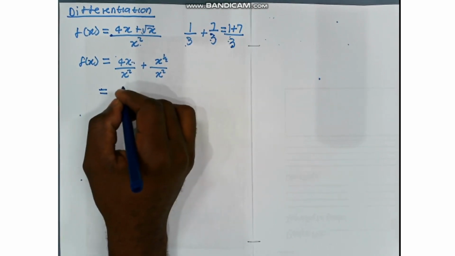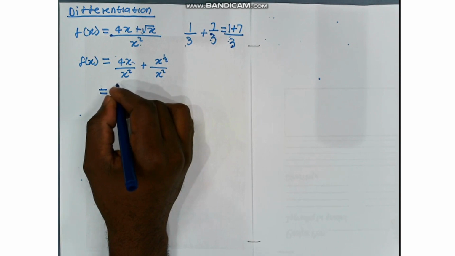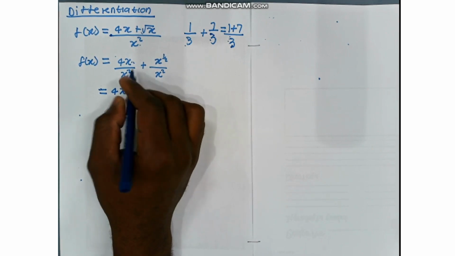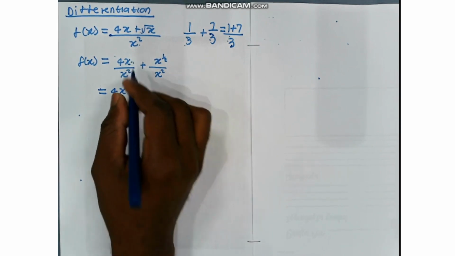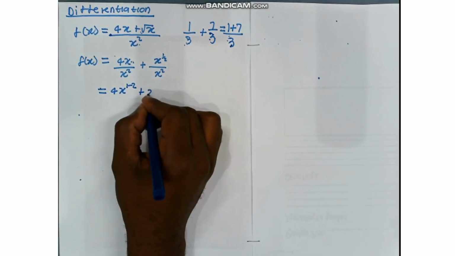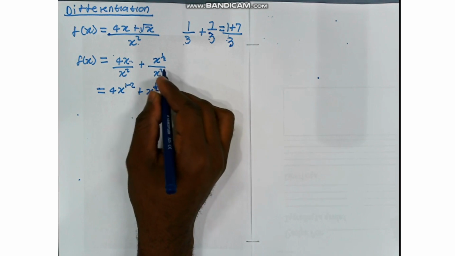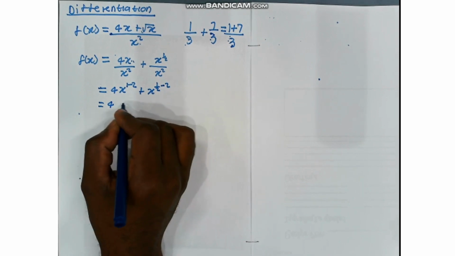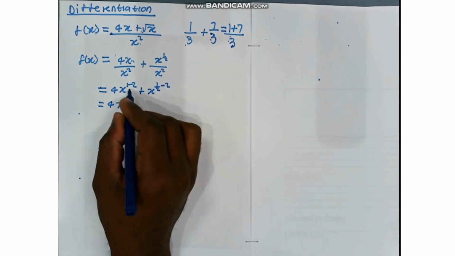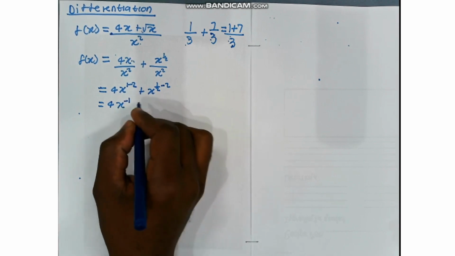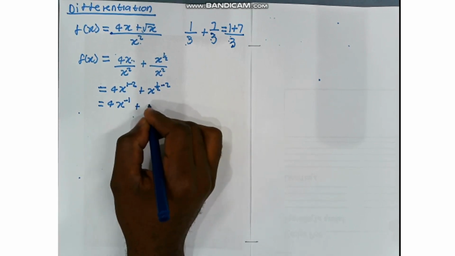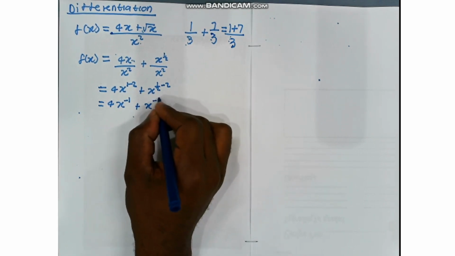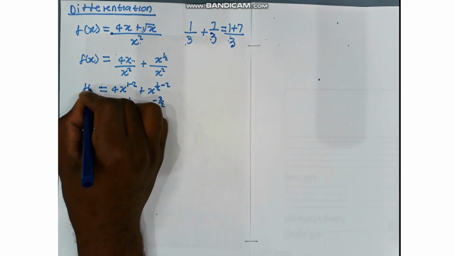So from here, use the exponent rules. So it's just going to be x into 1 minus 2, taking this up, change the sign, plus x into 1 over 2, lowering this, which is going to be minus 2, and 4 into x, this is just going to be minus 1, and plus x 1 over 2 minus 1, it's just going to be negative 3 over 2, still f at x.